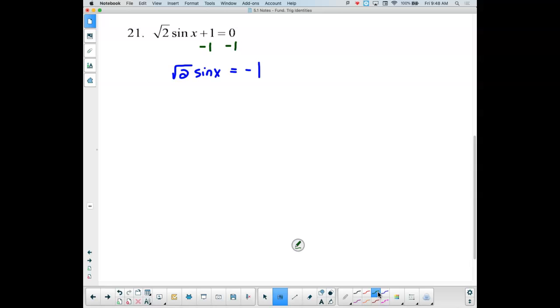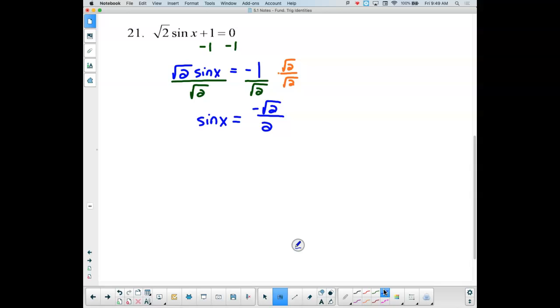Or we could just divide by the square root of 2. That gives me the sine of x equals, now in my brain I'm thinking this is going to be the square root of 2 times the square root of 2 over the, you know what I mean? I rationalize my denominator. That gets me negative square root of 2 over 2.